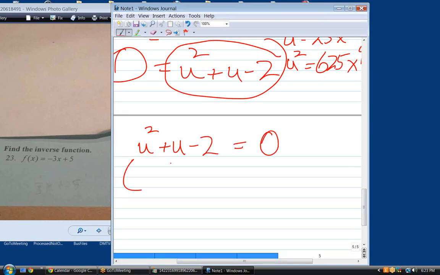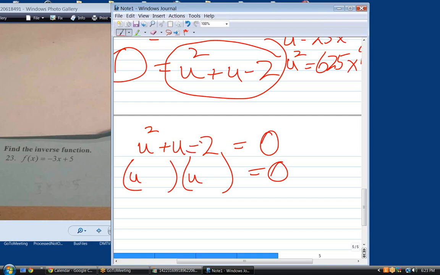Factor that. So it'll just be u and u, and then what are the signs? Negative.